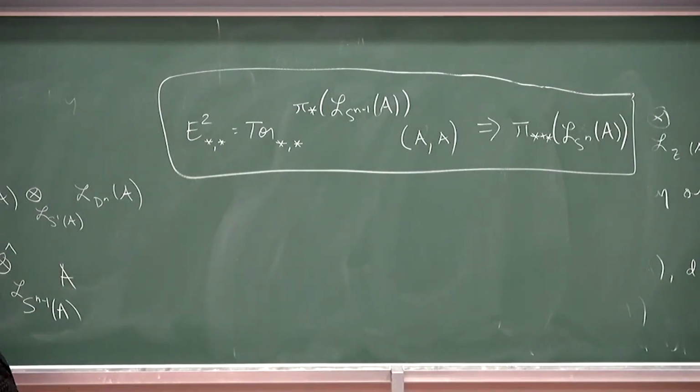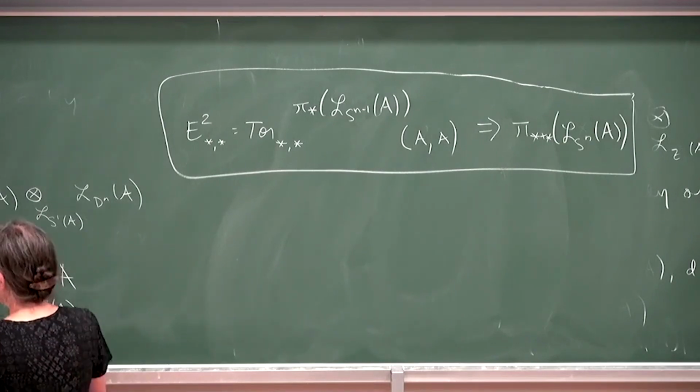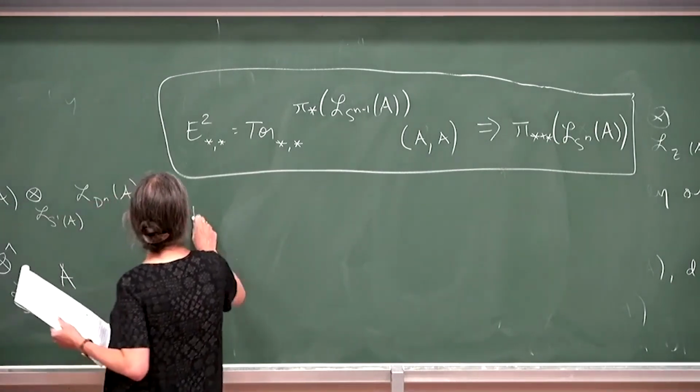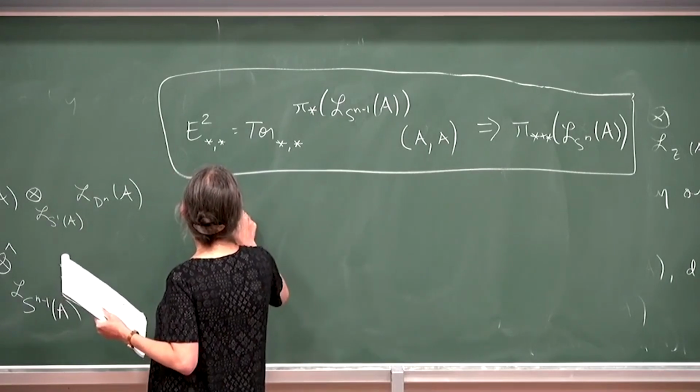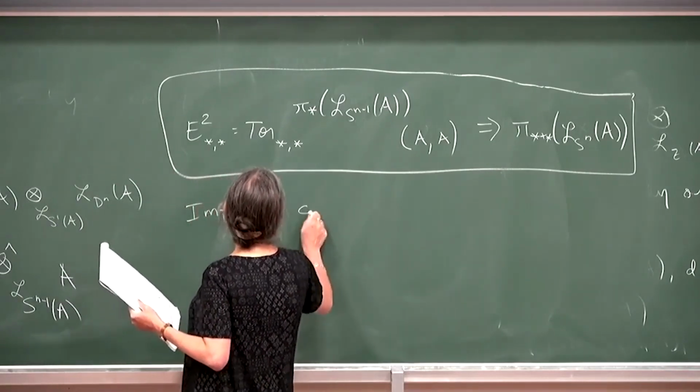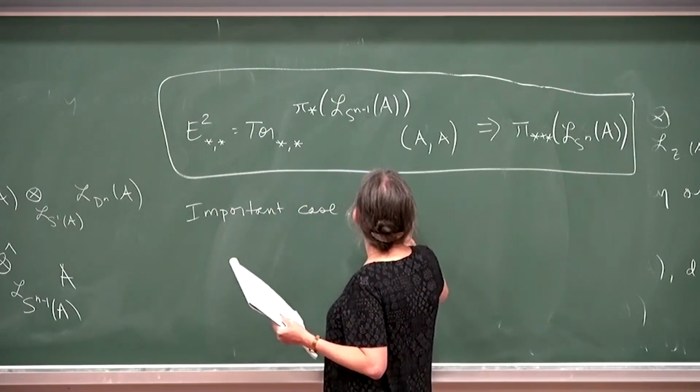So, an important case is, for example, A equals HF_p.